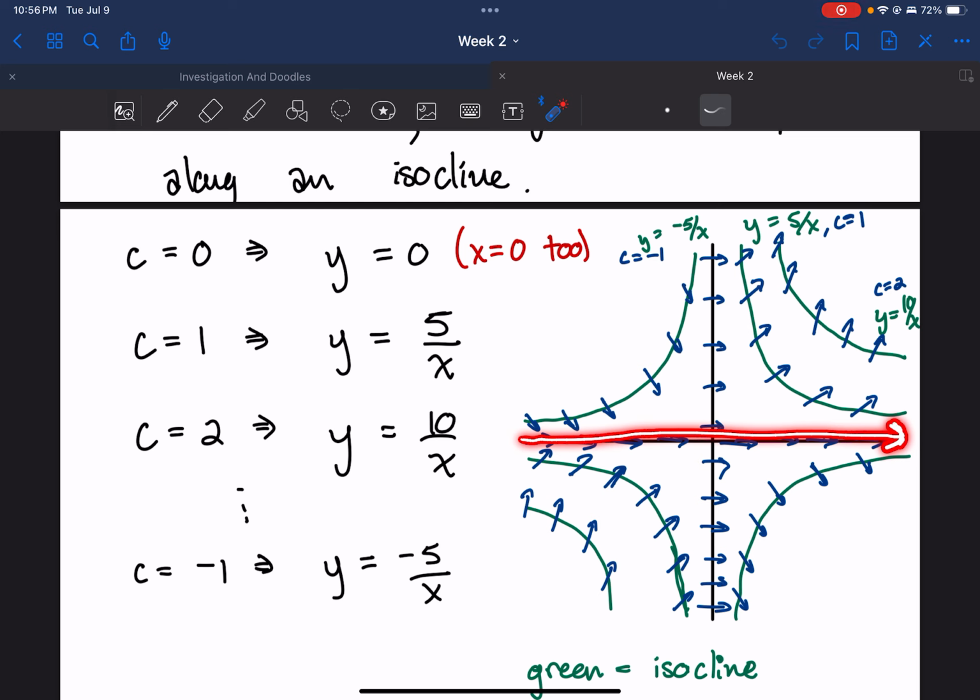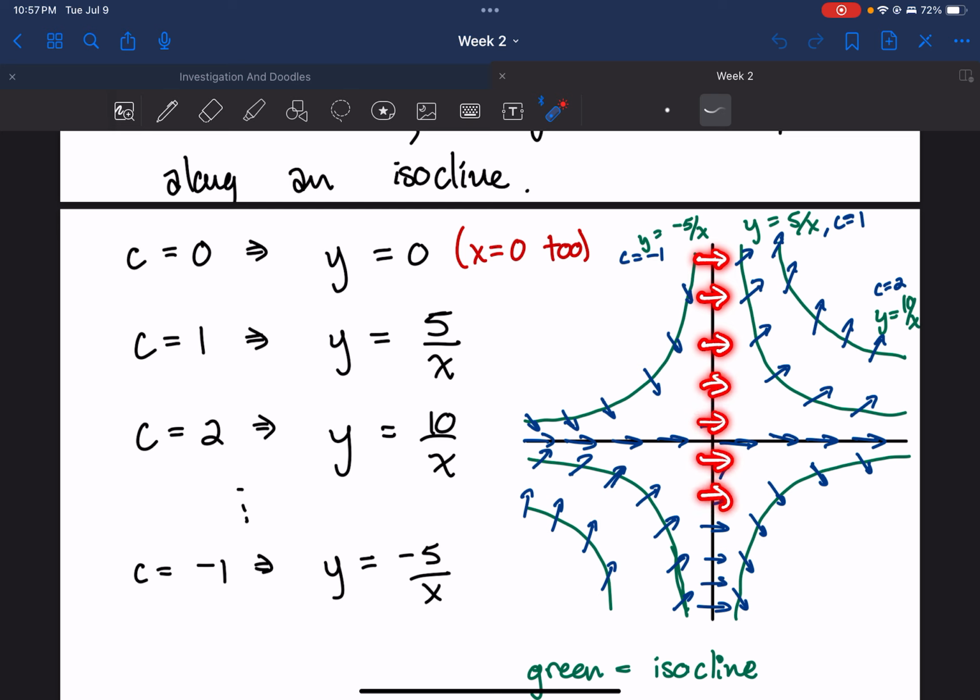All along this line, the slope of the direction field line should be 0. So I go along and I add little 0 slope indicators all along the x-axis. And then I also do it for x equals 0.